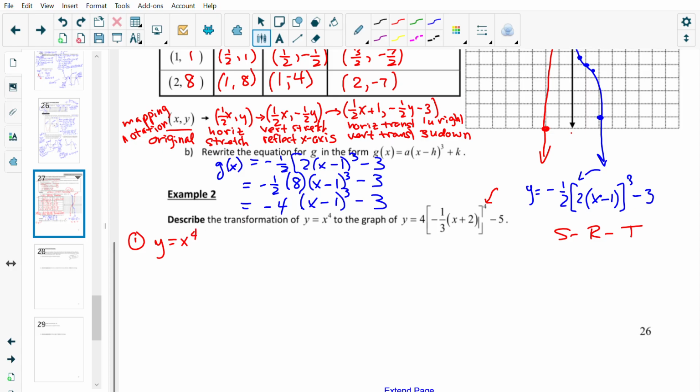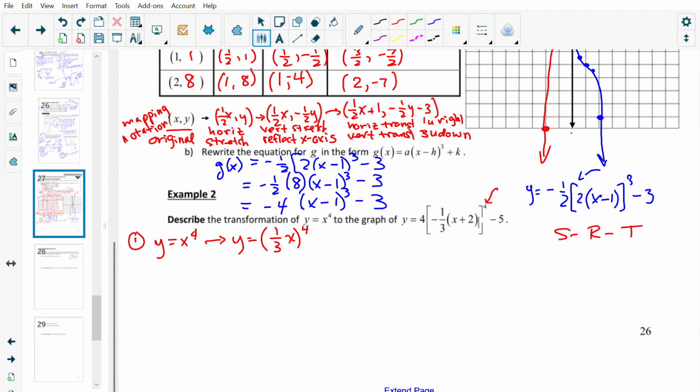Let's first start with the horizontal stretch. That's transforming into y equals, so that stretch factor, or the b value, is inside the brackets where that exponent 4 is applied.